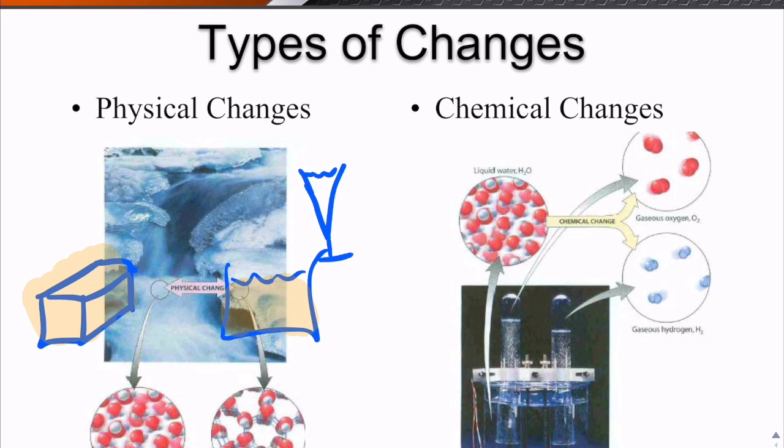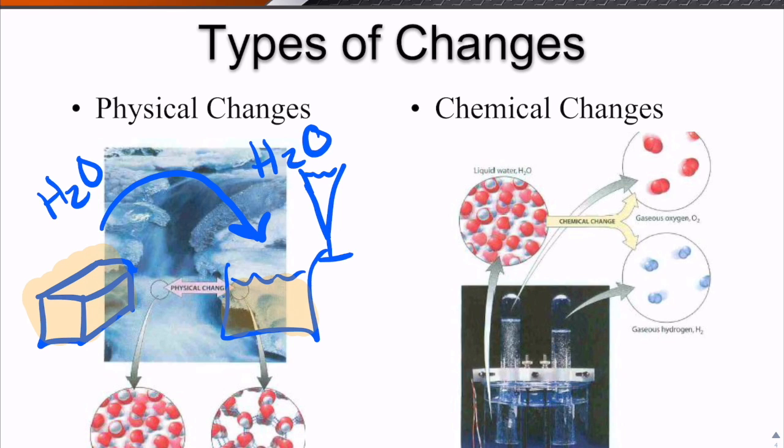Okay. But what I'm getting at here, and I should have said this, we start out with H2O, and we finish with the exact same chemical composition, H2O. We didn't create anything new. We had the exact same thing that we started with that we ended with.